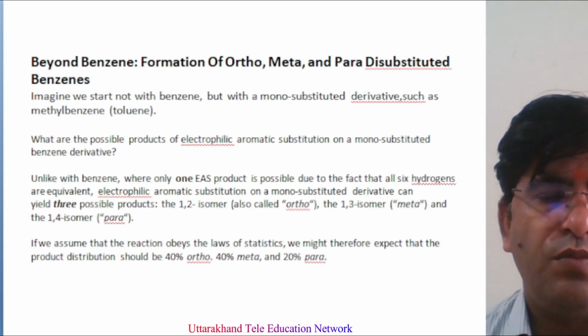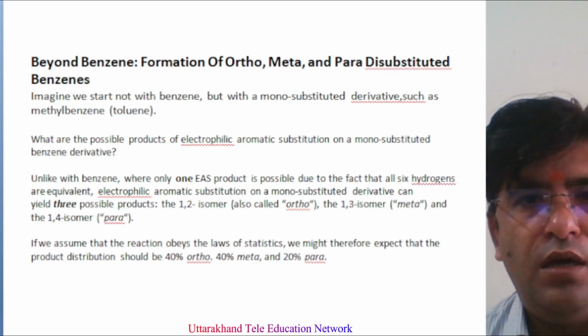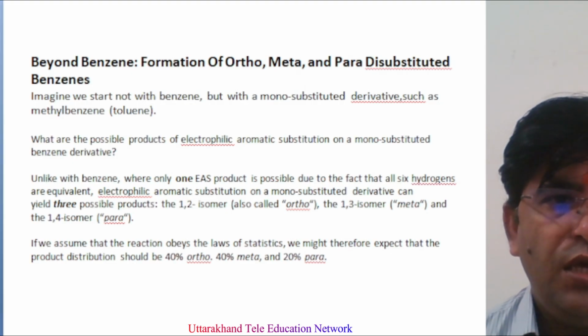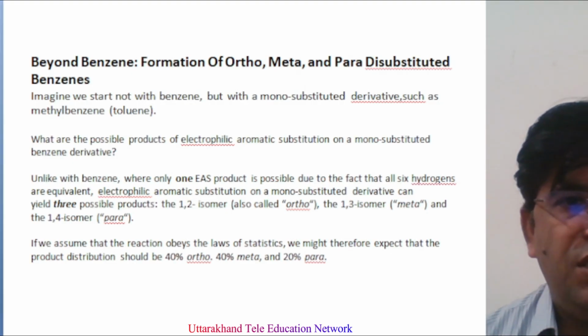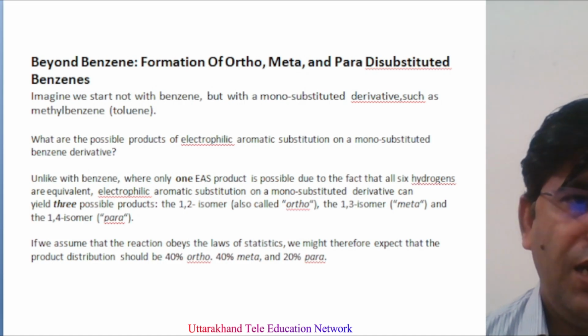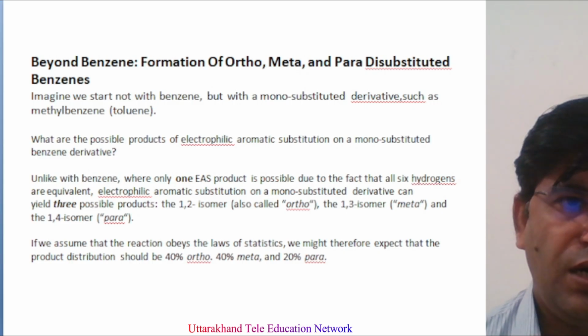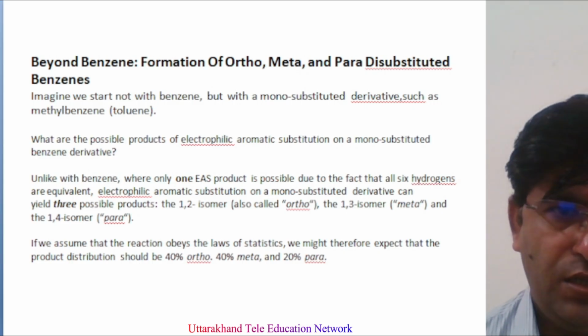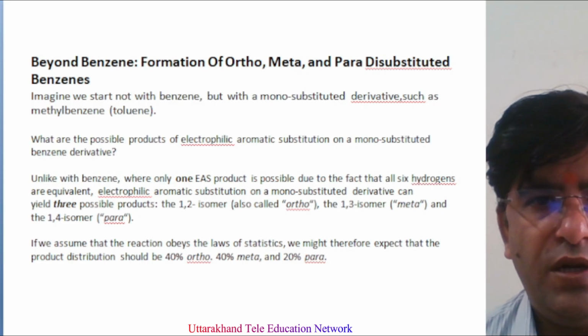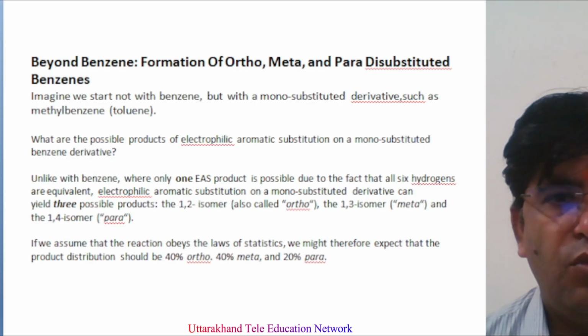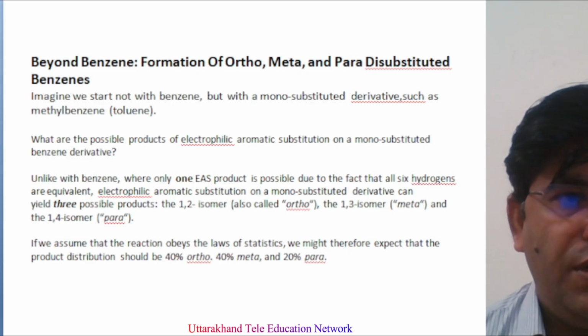Beyond benzene, formation of ortho, meta and para di-substituted benzene. Imagine we start not with benzene but with a mono-substituted derivative such as methyl benzene, that is toluene. What are the possible products of electrophilic aromatic substitution on a mono-substituted benzene derivative?